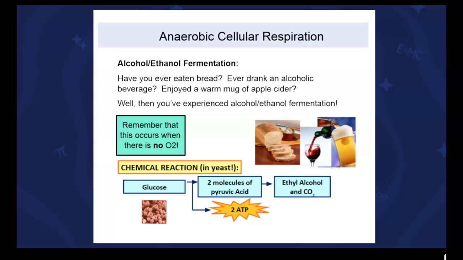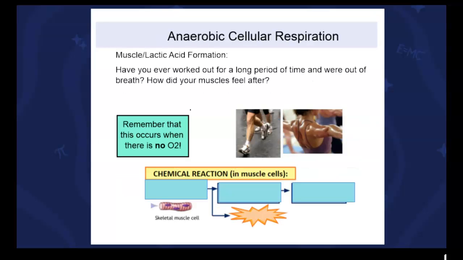So instead of making acetyl-CoA, we make ethanol alcohol and carbon dioxide, and that's the end of the process. It doesn't go into the mitochondria, and we don't make any further ATP except for those 2 from glycolysis. So we don't want to do this unless we absolutely have to, because if you can go into the mitochondria and make way more ATP, our cells would do that.